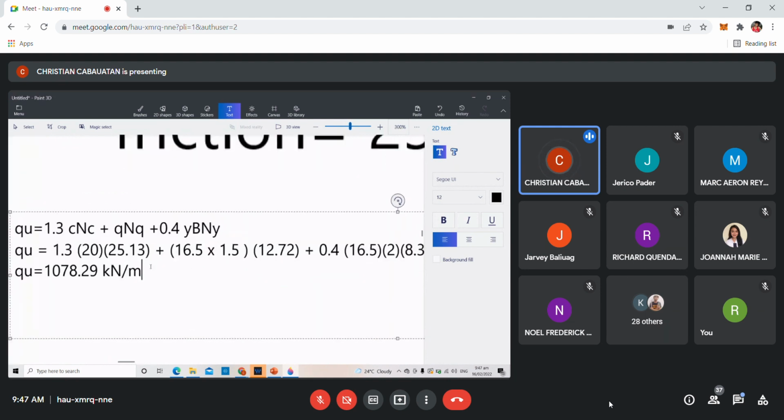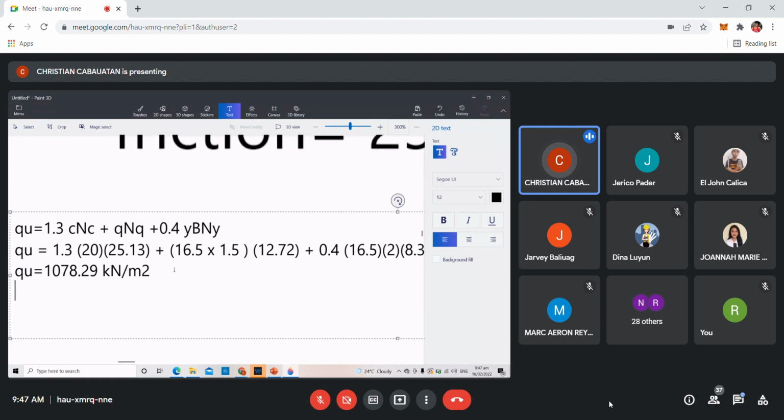So, ang unit ni ultimate bearing capacity ay kilonewton per square meter. Okay? Tama lang? Clear? Yes, sir. Okay.